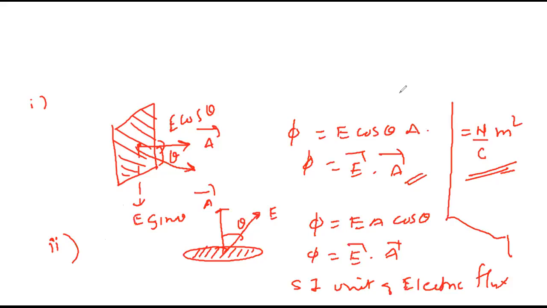So you got the idea that flux is A and E in the direction of A, or A bar dot E bar. This is the plane of a coil. Where is the area vector? K cap. This way it is outward.